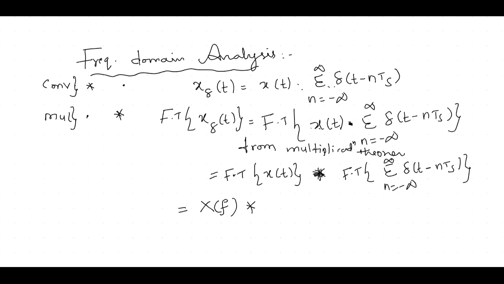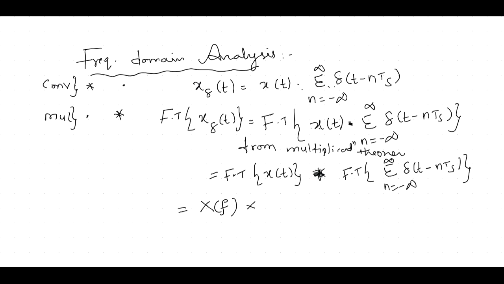So if you see here, summation n equal to minus infinity to infinity delta of t minus nTs, its Fourier transform pair is fs into summation n equal to minus infinity to infinity. I'll write here only.